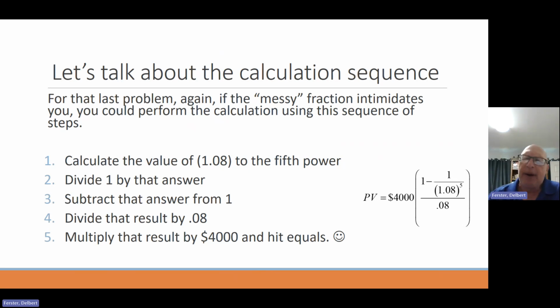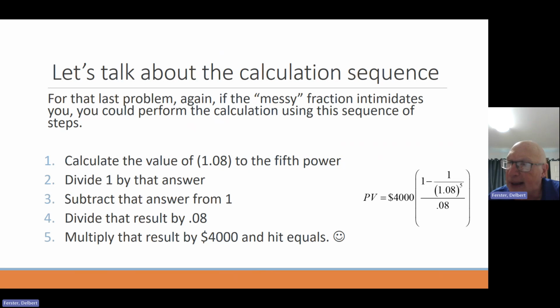If you got intimidated by that mess to calculate, you could pull it apart, and this screen gives you that opportunity. You could start with the 1.08 to the fifth power. The only problem is if you key that into your calculator, you've got to be awake because you need to take 1 and divide by that answer. I'm a big fan of using memory and recall on my calculator, so that's probably what I would do there.